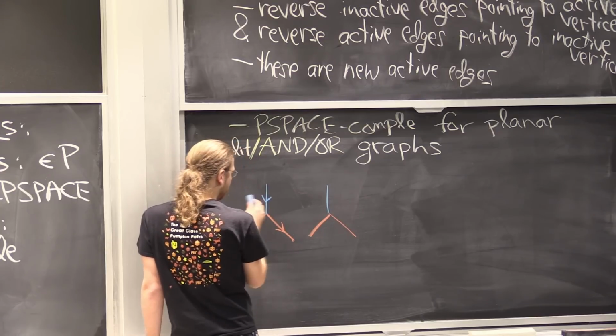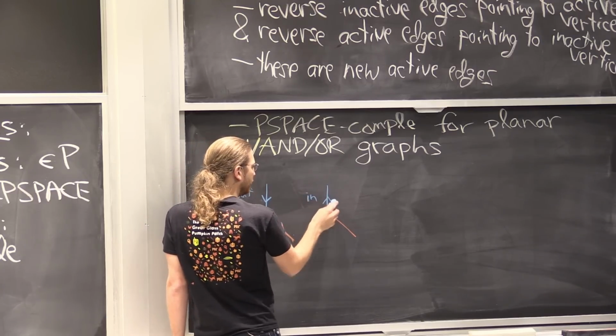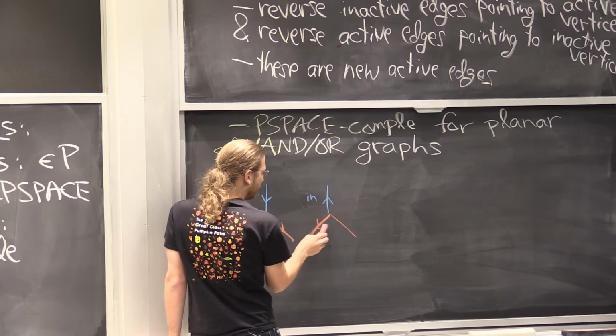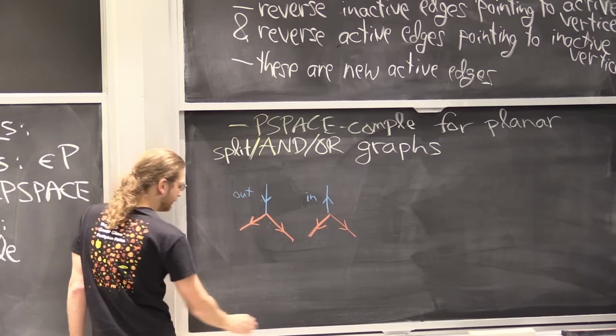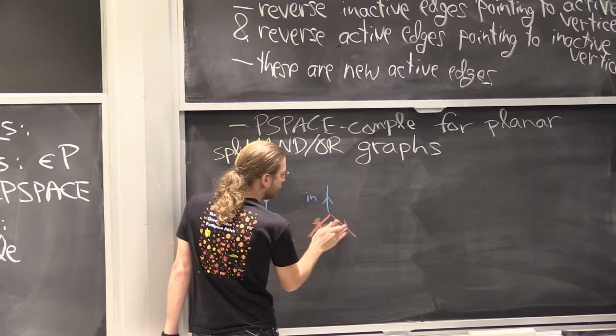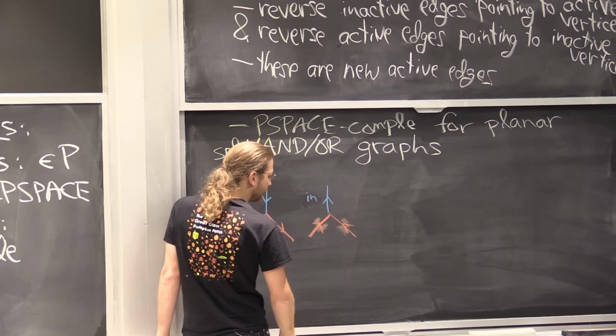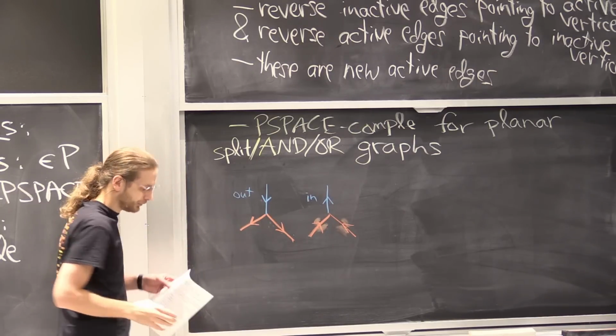And so this is the output. For split, this is the input, so it's initially not active, and then it would look something like that. So if you want to distinguish what the initial orientations are, then you also need to list split here. So up to you whether you feel like doing that.